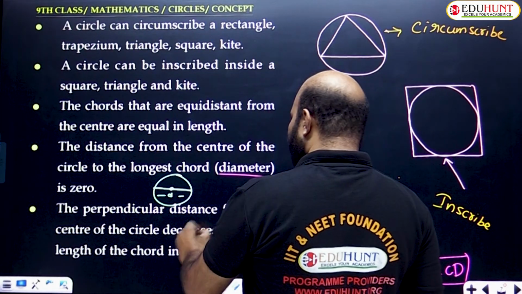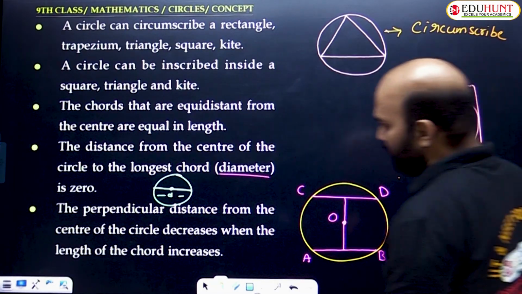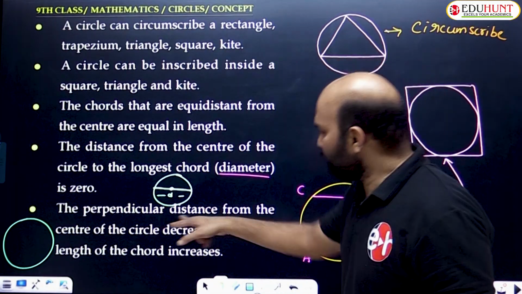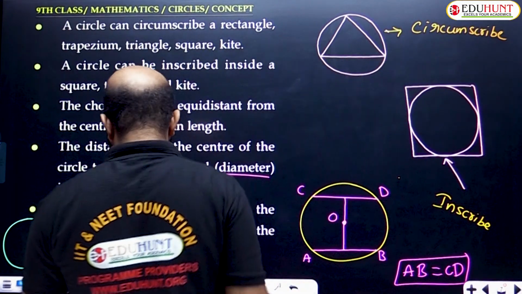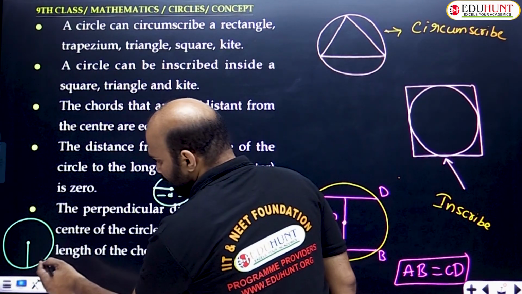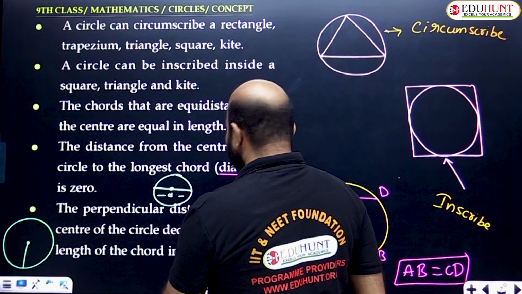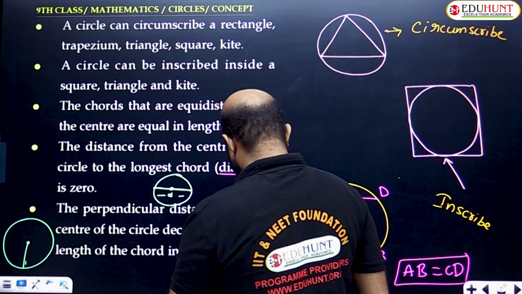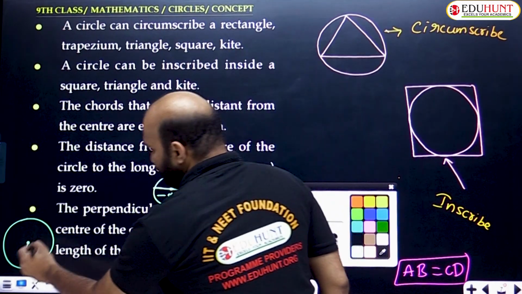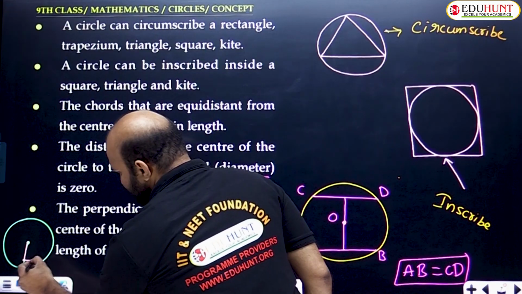If the distance is decreased, for example from 10 centimeters to 8, you get a chord like this.